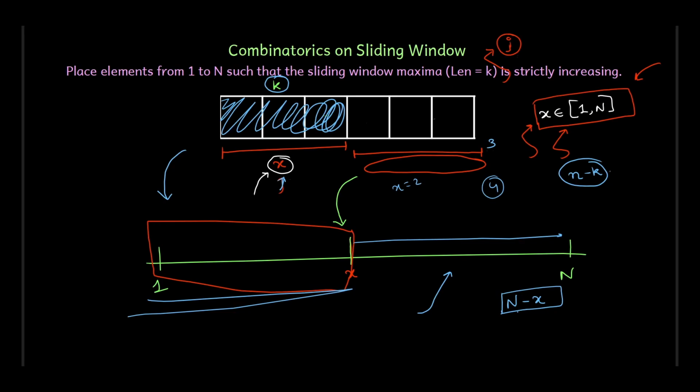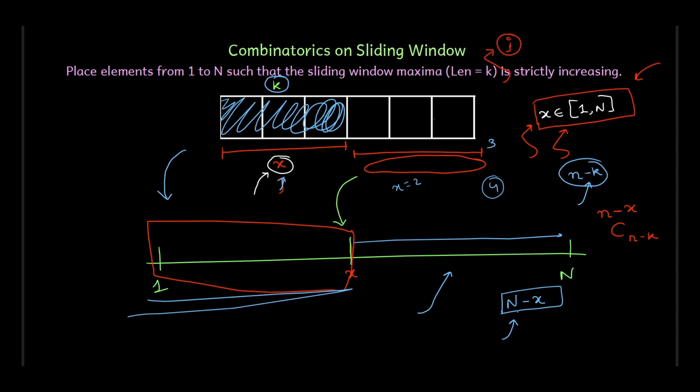So you have N minus x choices to pick from, but only these many slots to fill. So the number of ways would be N minus x choices, out of which you only choose N minus k numbers.